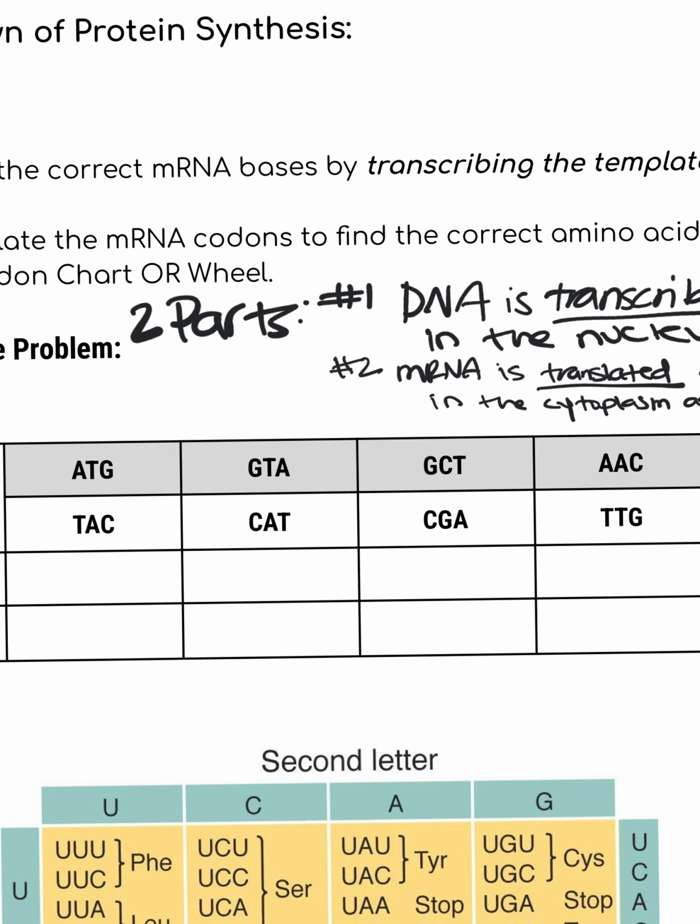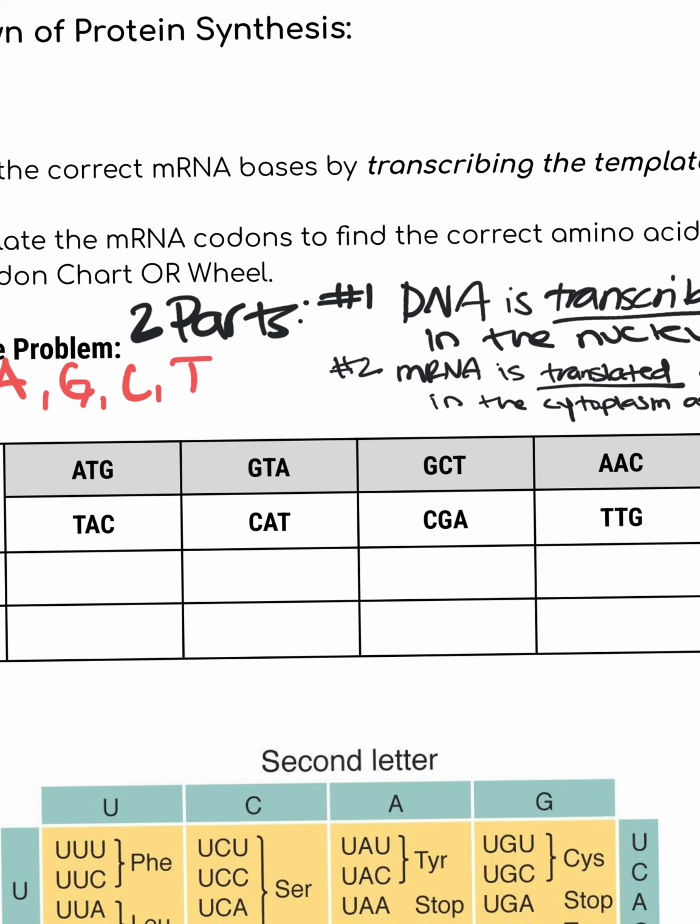Okay, couple reminders that we want to get down before we start practicing our 2 steps of protein synthesis are the letters that we can use, or the nucleotides that are possible in DNA versus RNA. So remember, in DNA, the 4 different nucleotides that we can have are A, G, C, and T. Okay, remember A pairs with T, apples go in the tree.